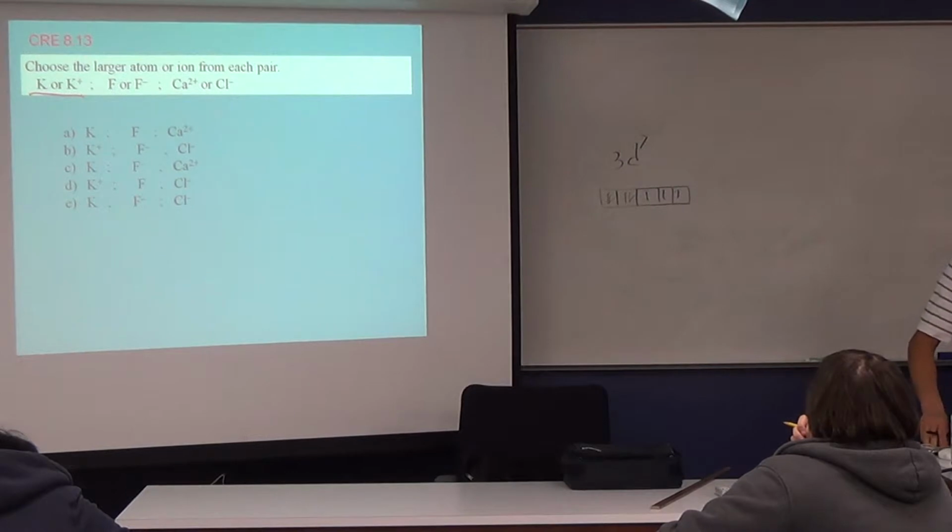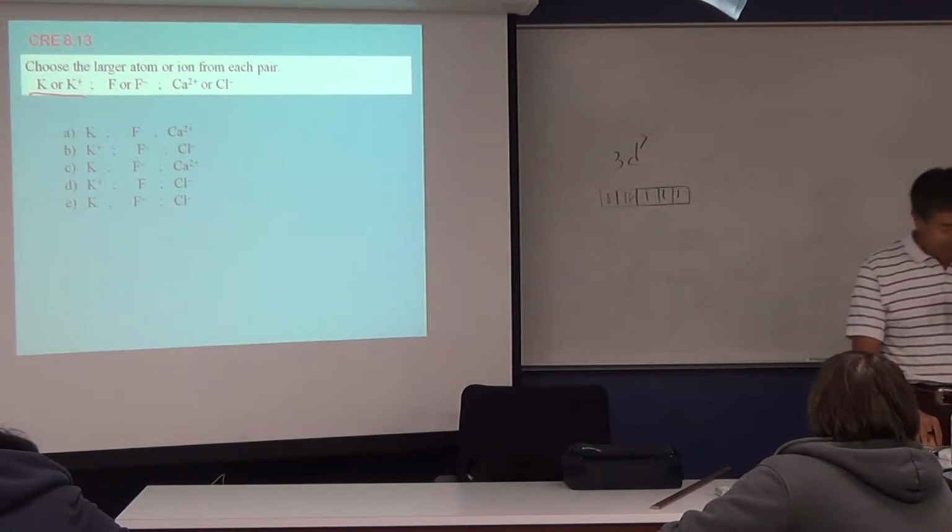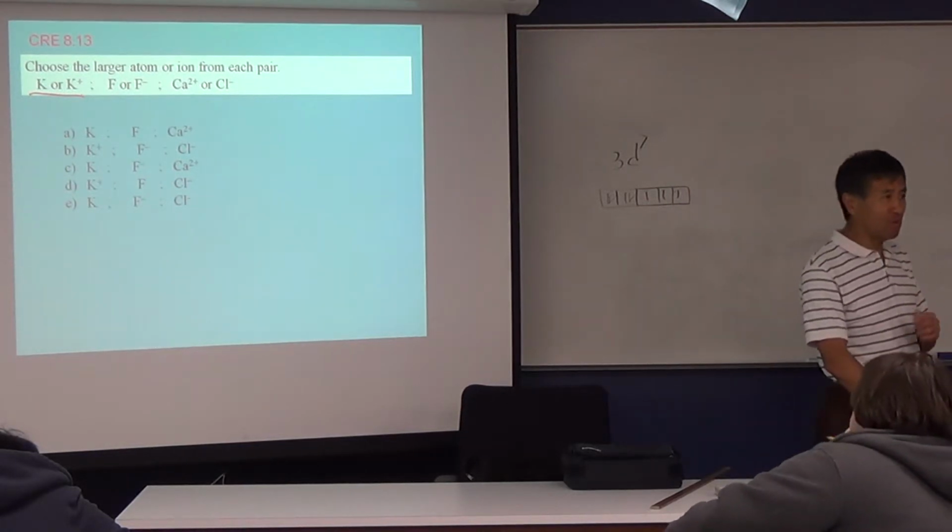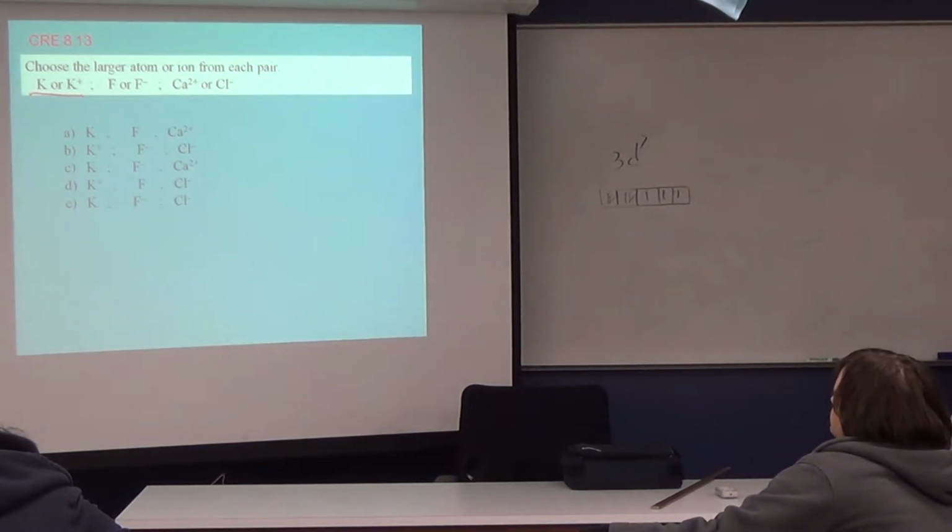Then compare F with F1 negative. F1 negative is bigger. That's a little easy to get confused: negative means you are adding electrons, the opposite of plus, so F1 negative is bigger.